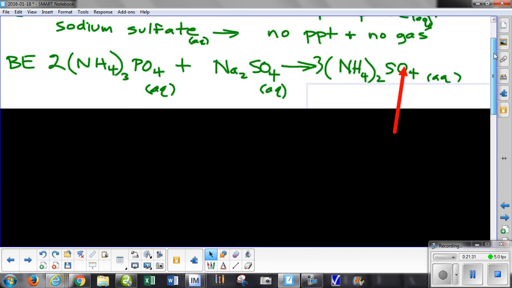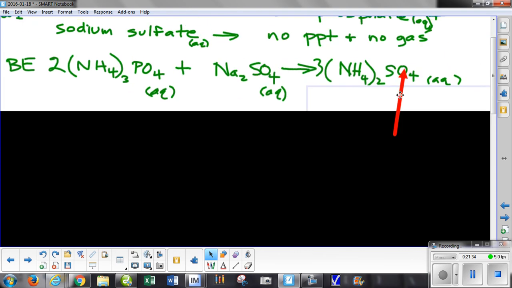Now watch what I did to balance the equation. This is a 3 because of this subscript. This is a 2 because of this subscript. I'm balancing my ammoniums.